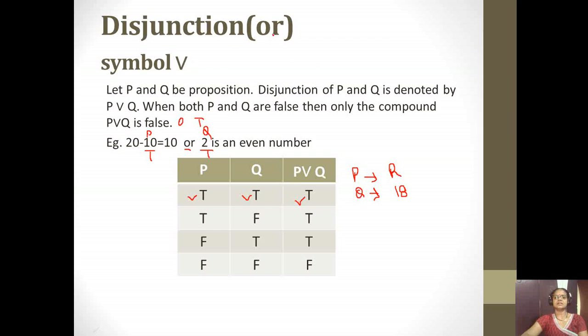Suppose the actual values are name Sunita and age 19. The propositions say Rita and 18, but the actual values are Sunita and 19.